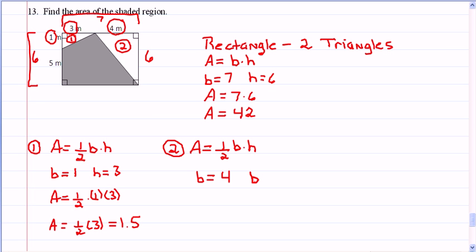So the height is equal to 6, and if we calculate the area, we have 1/2 times 4 times 6, which is half of 24, and half of 24 is equal to 12.